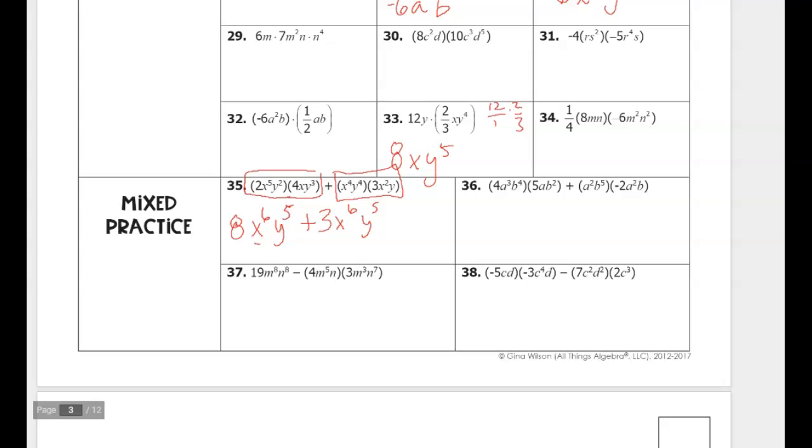So now, because these match, now I can add them together, which goes back to yesterday's rules. As long as my exponents and variables match identically, then I can add them together. And now I can have 11 x to the 6th, y to the 5th. If this was like an 8, now they don't match, and I would not be able to add them together.